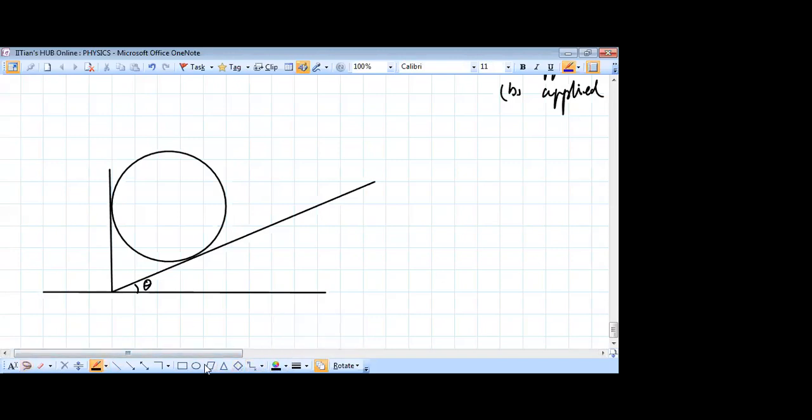So the normal reaction that the wall is applying, let us consider that as N1.